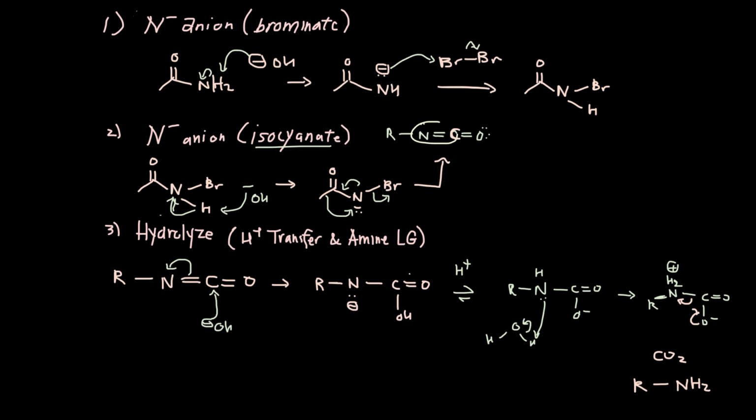The only difference is that the nitrogen anion will do different things. In the first step, it will attack bromine. In the second step, it will add an alkene and then push things around to give an isocyanate. And in the last step, there's a proton transfer and then attack of water to fully protonate the amine so that it becomes a good leaving group.